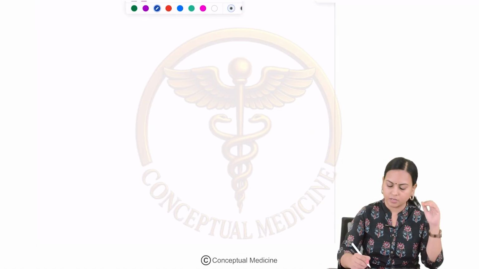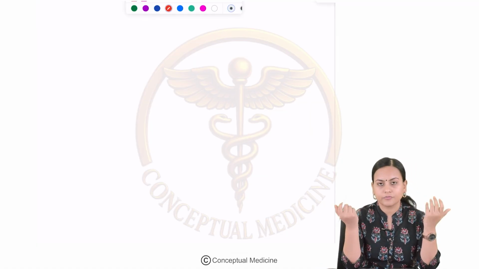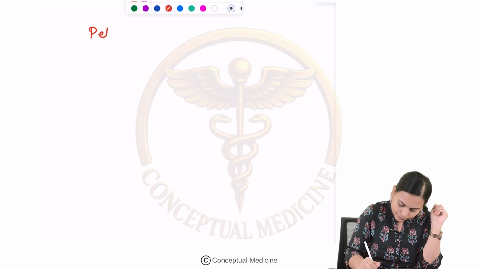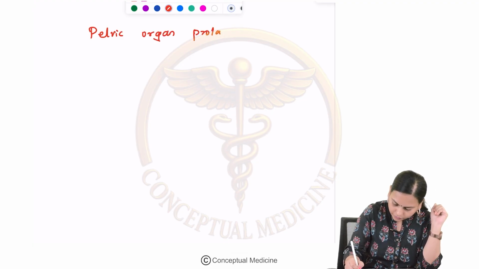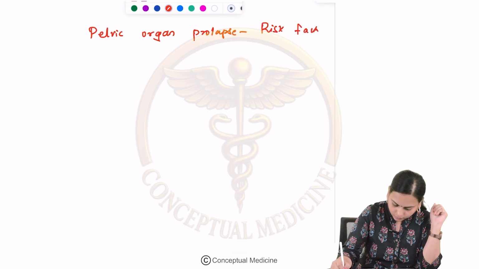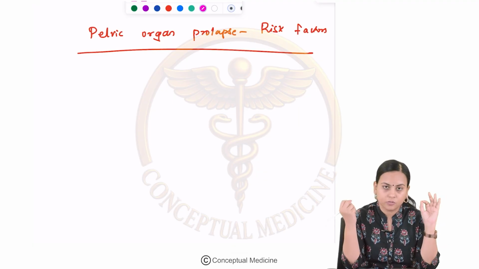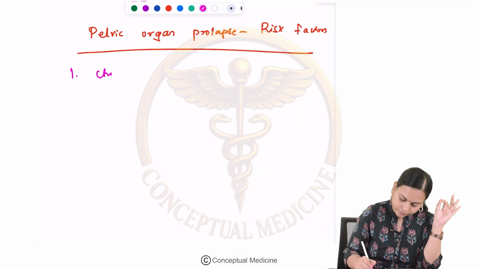Now, let's discuss the various risk factors that lead to pelvic organ prolapse. When we speak about pelvic organ prolapse risk factors, the first and foremost factor that comes to our mind is childbirth.